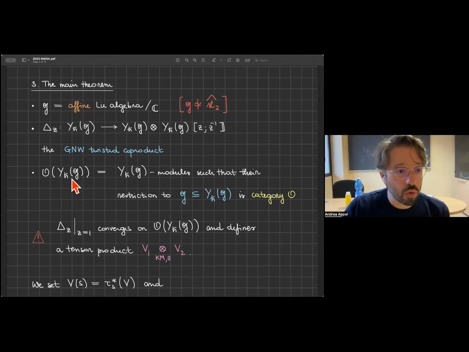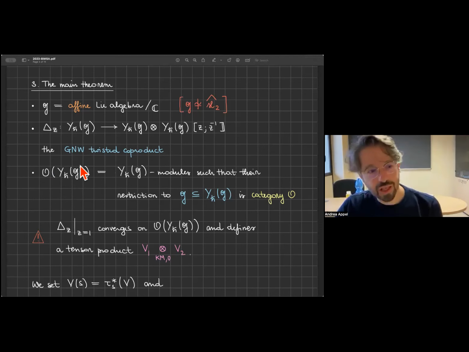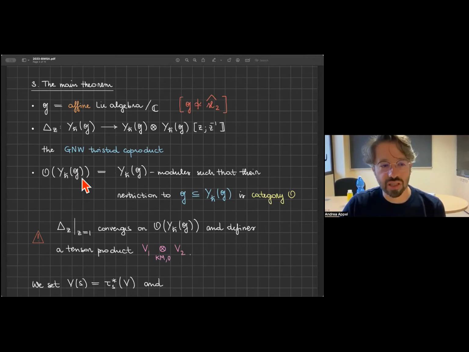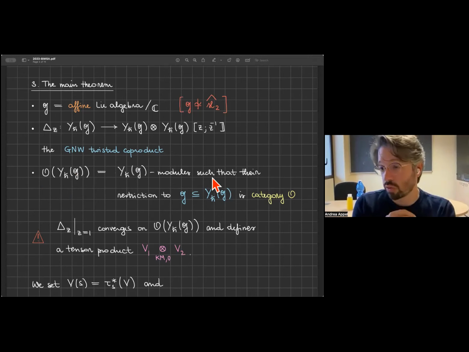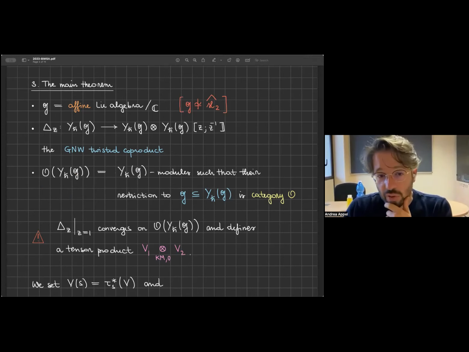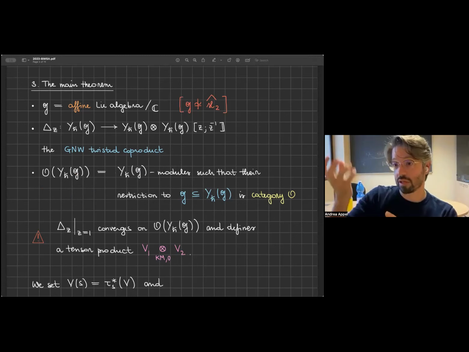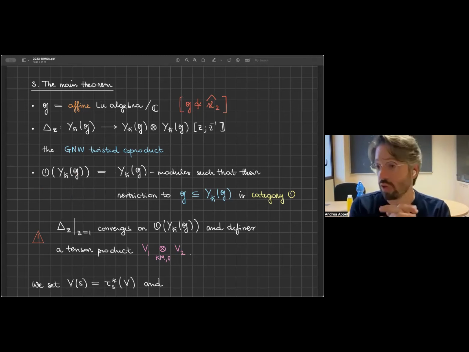And then by O_YHG, here what I'm denoting is a category of representations of the Yangian. These are modules over the Yangian such that whenever I restrict to the Lie algebra, one of the features that I didn't mention of the Yangian is that the classical Lie algebra embeds into YHG.